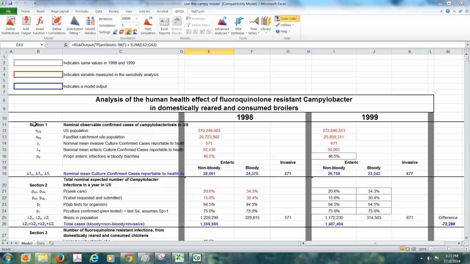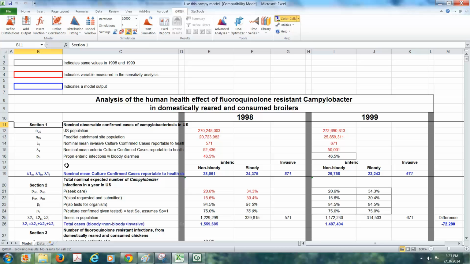This assessment is broken up into sections. And we'll begin with Section 1. In Section 1, what this risk assessment tries to do is estimate the variable number of people who would have culture-confirmed cases of Campylobacteriosis. In other words, their doctor diagnosed and knows for a fact that they have Campylobacter.